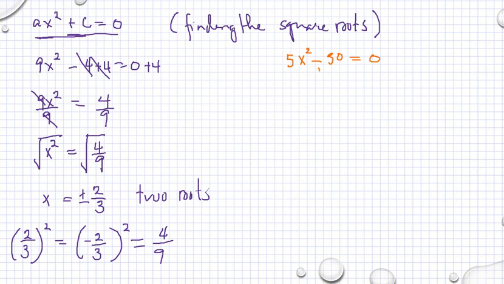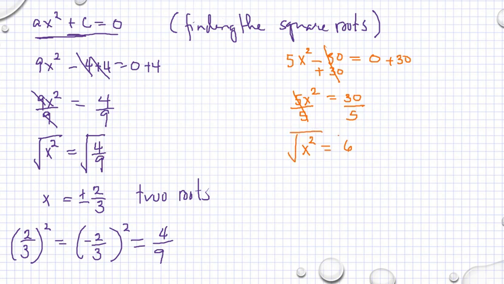And then we add 30 to both sides of the equation. And we have 5x squared is equal to 30. And then we divide both sides of the equation by 5. Then we have x squared is equal to 6.